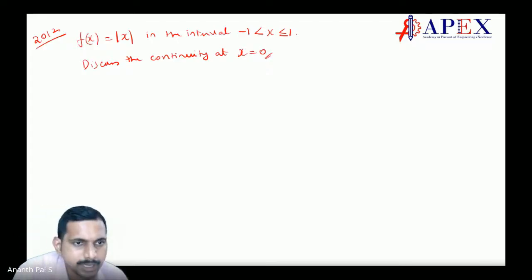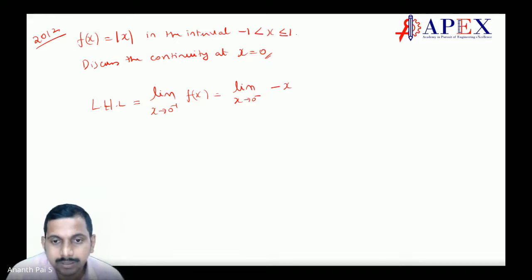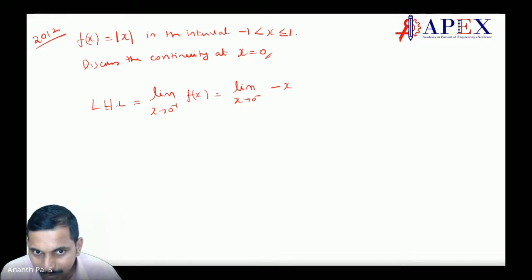How do you say that? You have to say the left hand limit. When you say limit x tending to 0 minus of f of x, which is equal to limit x tending to 0 minus, what is the value of x there? It is minus of x, correct? I hope you're getting this.